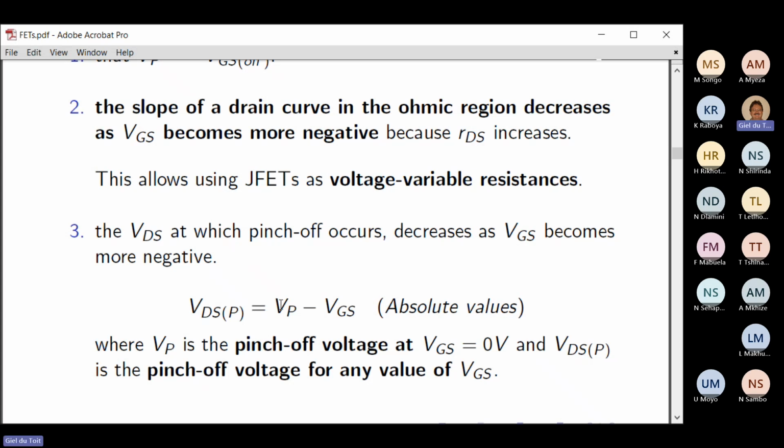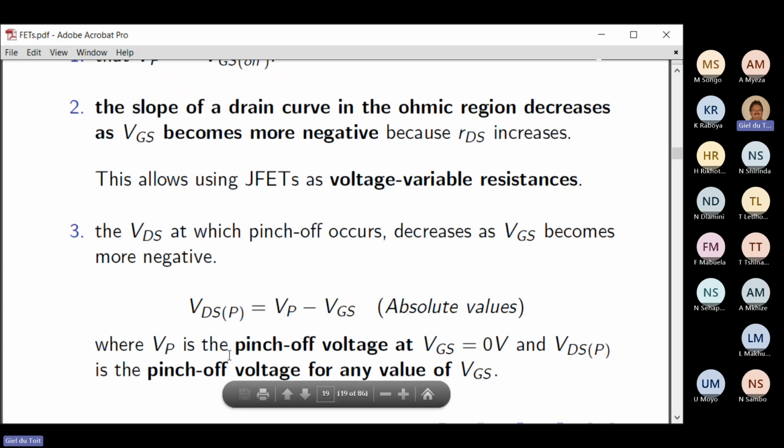In that case, -5 -2, it will be about 3 volt between the drain and the source. So we can control the voltage with the pinch off voltage and the gate source voltage. That's what we use to control the voltage over the FET.